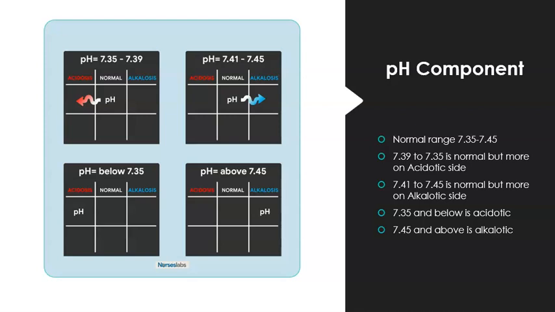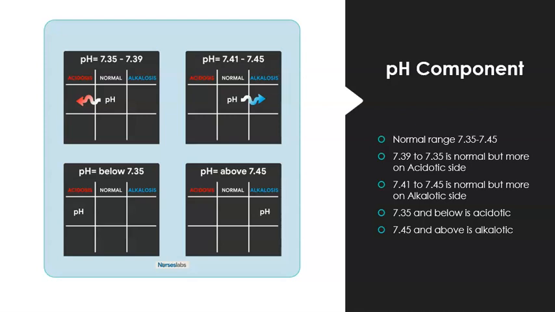So we know that our range, again, is 7.35 to 7.45. 7.35 to 7.39 is a normal value, but because it's below 7.4, we would consider the patient to be in more of an acidotic state.